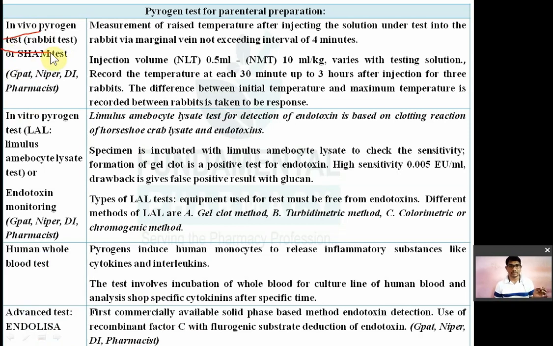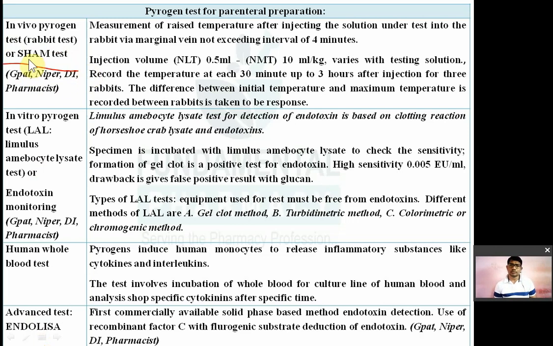You have to select 6 healthy rabbits for the test, and their body temperature should not differ by more than 0.2 degrees Celsius. So you have to select 6 rabbits, and it is also known as the sham test. SHAM, sham test. What will we call the sham test? It is the in vivo pyrogen test.